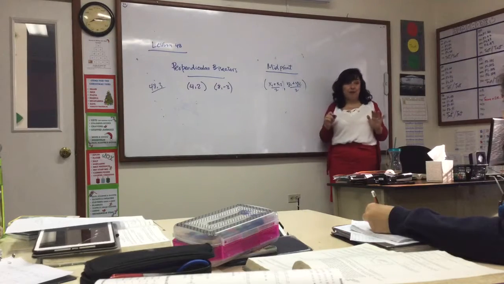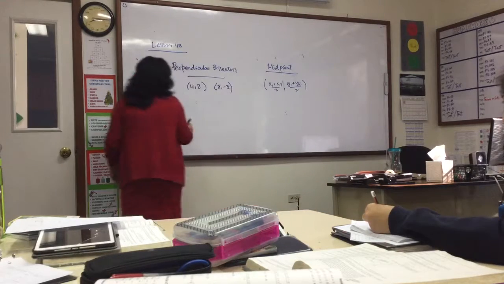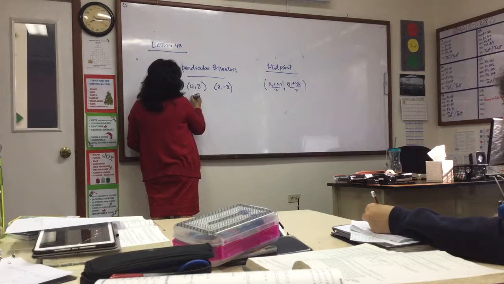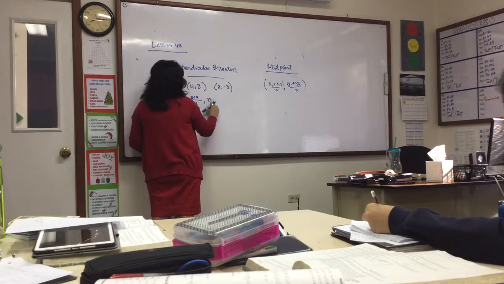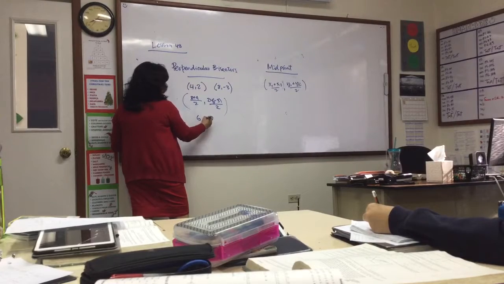That's the midpoint. In this case, this would be 8 plus 4 divided by 2, comma, 2 plus minus 3 divided by 2, which would be 6, comma, minus 1/2.